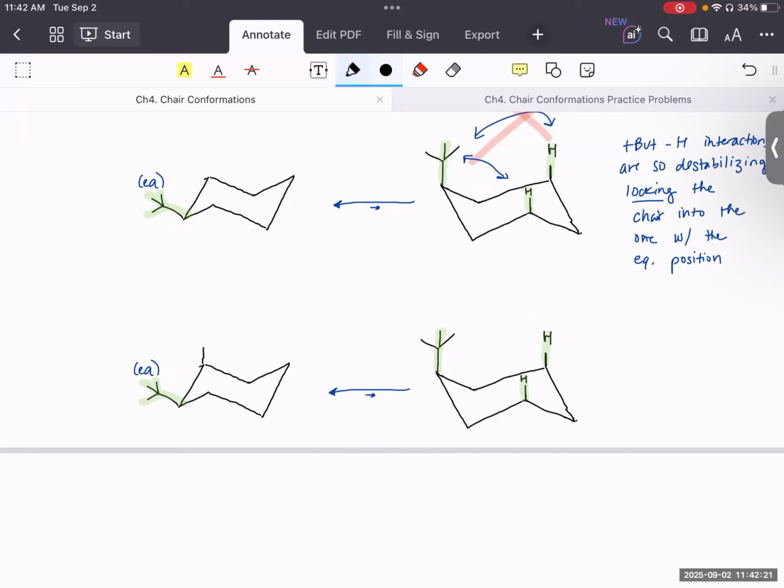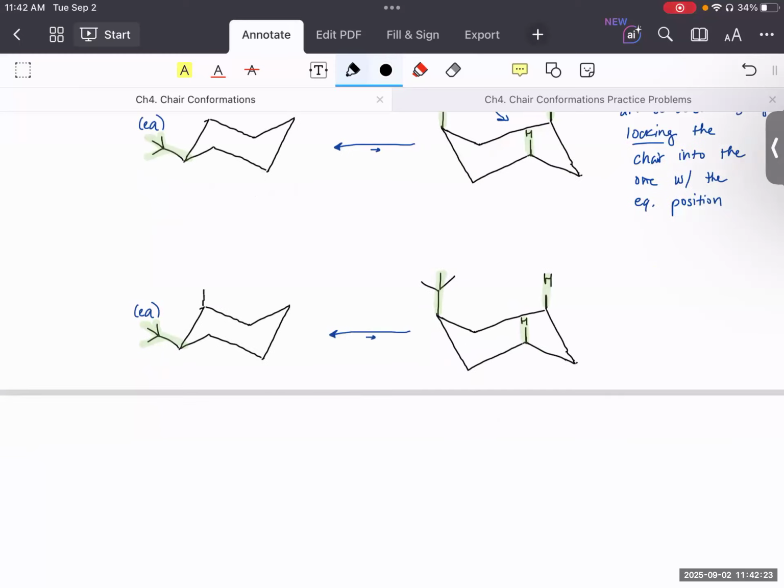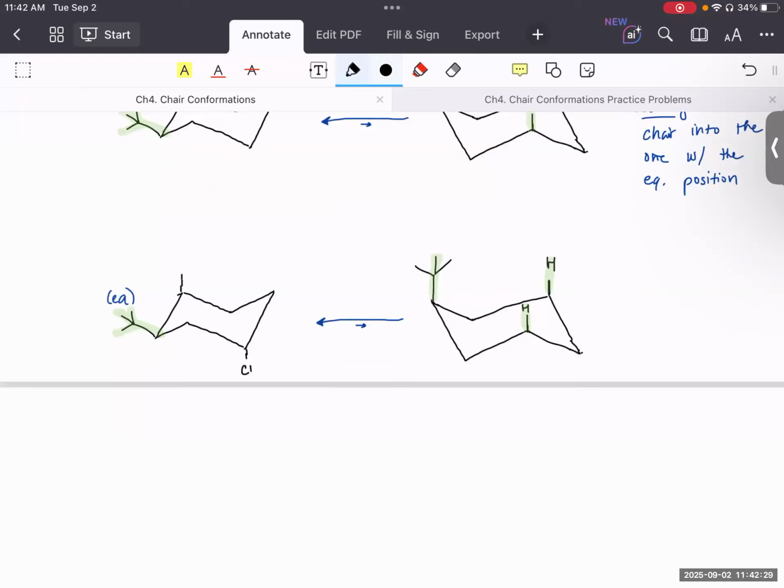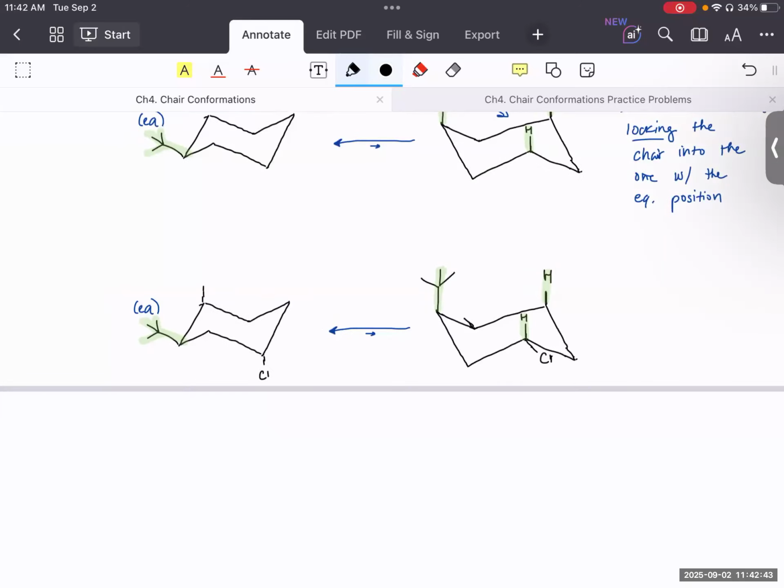So let's draw in a methyl group here, and then a chlorine group here, which would become equatorial in that second position. So let's say that we have this structure here, where now we have diaxial interactions for this methyl group and this chlorine right here.